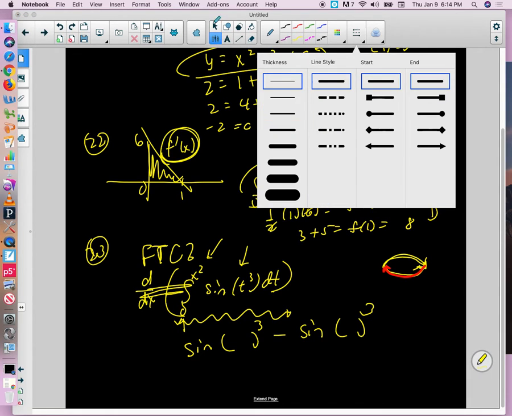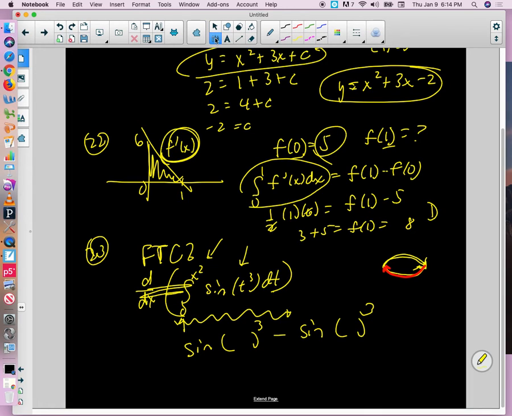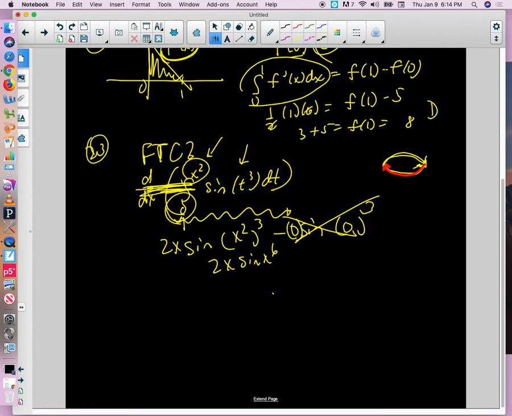All right, so what you do is these cancel each other out. Put in the top times derivative of the top. Put in the bottom times derivative of the bottom every time. That knocks this out, and our answer is 2x sine of x to the 6th. Second fundamental theorem of calculus. By the way, that was answer choice E.